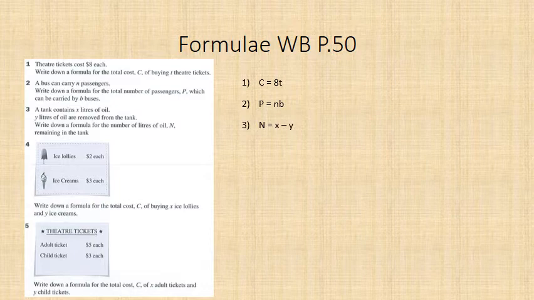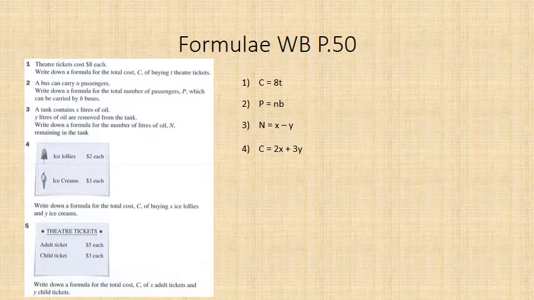So the cost of buying ice lollies is going to be 2x, plus Y times 3, which is 3y for the ice creams. So the total cost is 2 times x, the number of ice lollies, plus $3 times the number of ice creams that I will buy, so it's going to be 3y. So C equals 2x plus 3y.